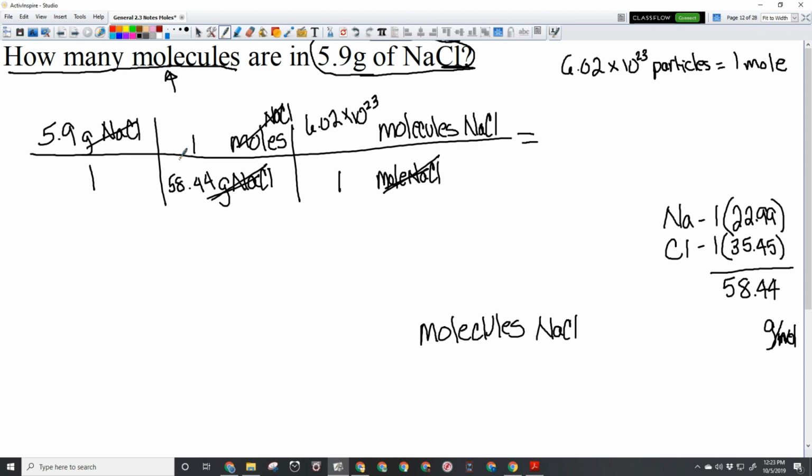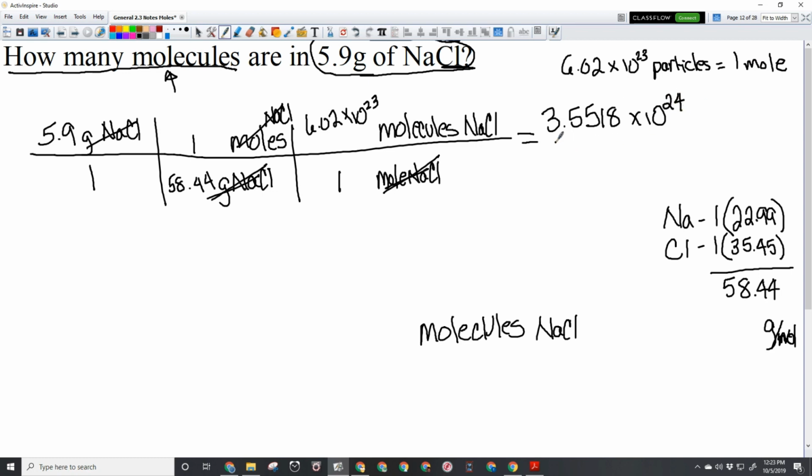Make sure you put this in your calculator correctly. You use the EE button. This is equal to 3.5518 times 10 to the 24th.